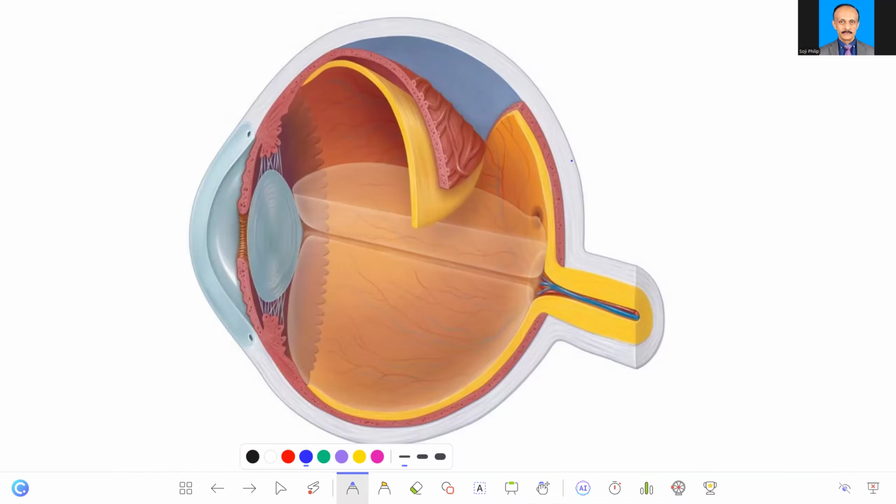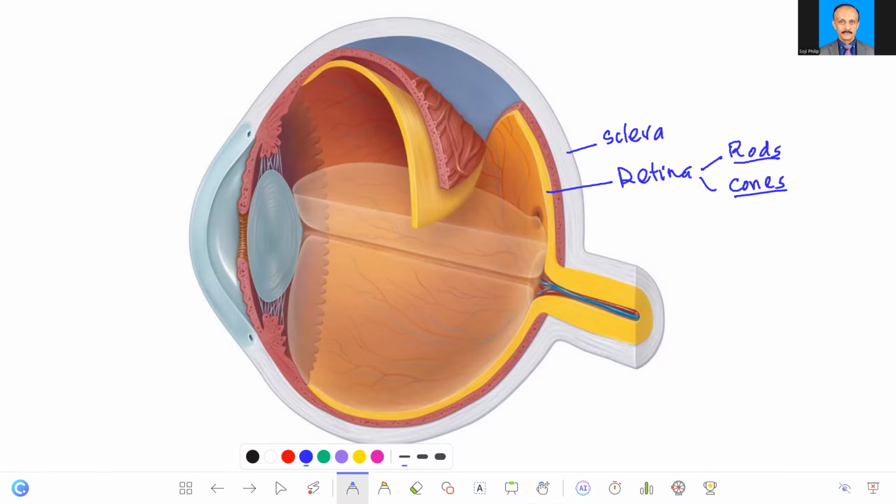Look at the eye in a different view. That's the outermost layer, the sclera, which is not mentioned in the syllabus. And the innermost lining is known as the retina. The retina has two types of cells, rods and cones. Rods and cones are light-sensitive cells.